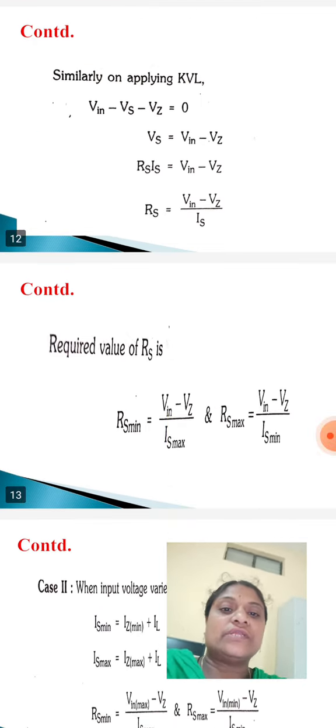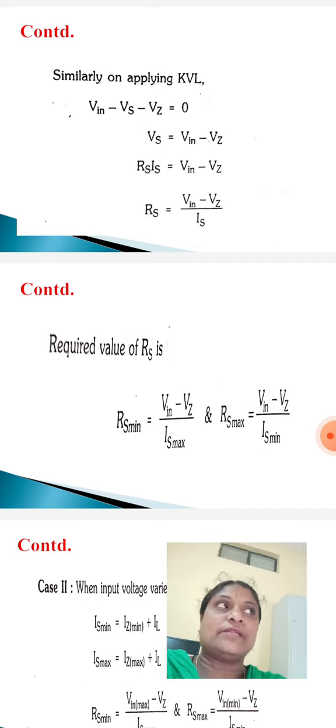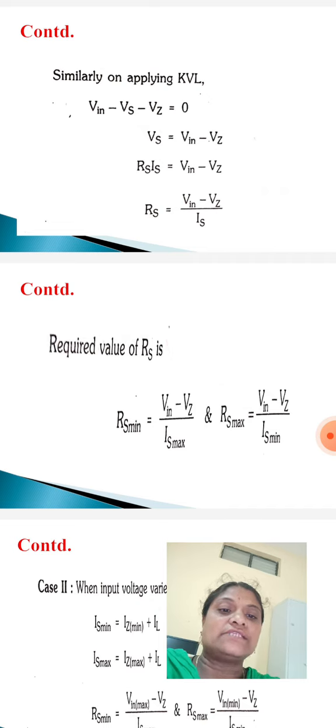The required value of Rs is minimum and maximum. Using the above formula, we can find the required value of Rs. Rs minimum is equal to Vin minus Vz by Is maximum.